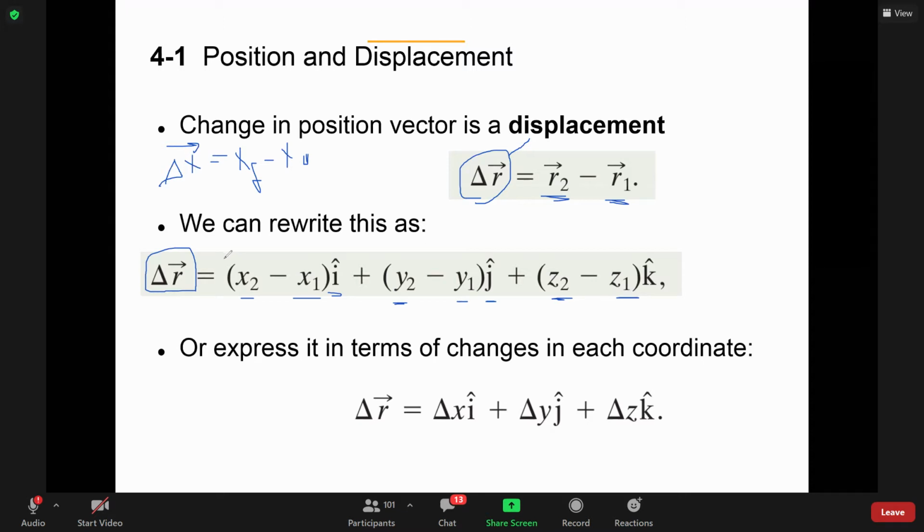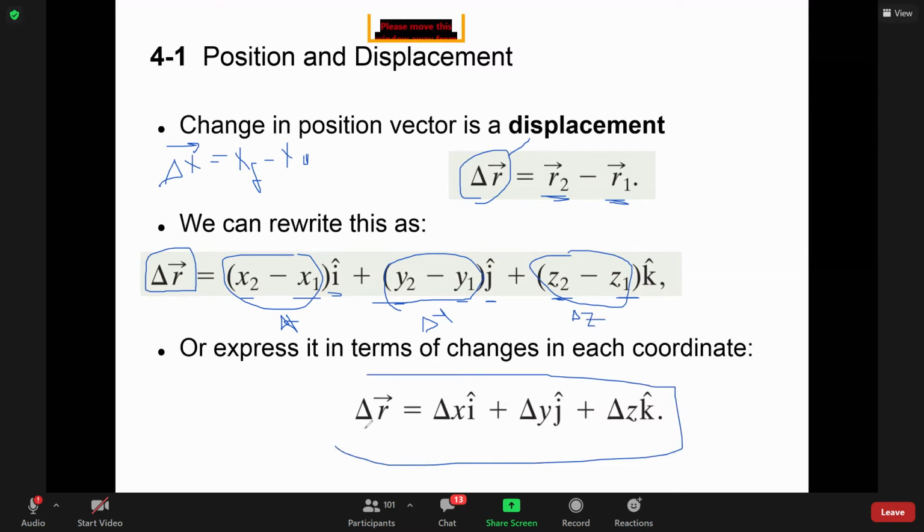I can represent the first quantity as delta X. Remember, what's next to the I hat, J hat is a scalar quantity. This is delta Y, and this is delta Z. So I can write my displacement in a more professional way: delta R is delta X I hat, delta Y J hat, and delta Z K hat.